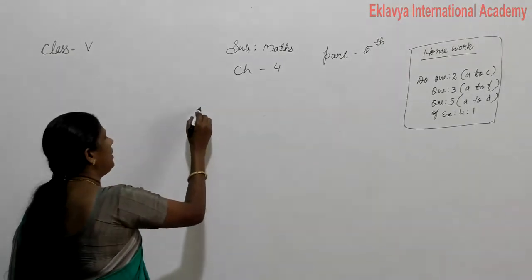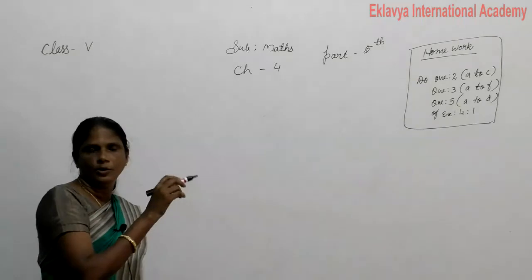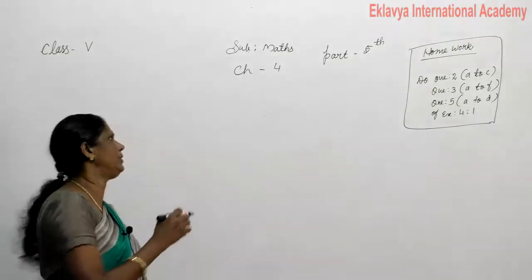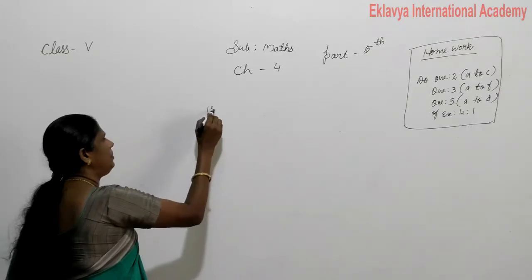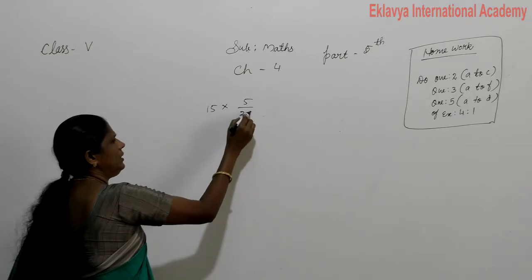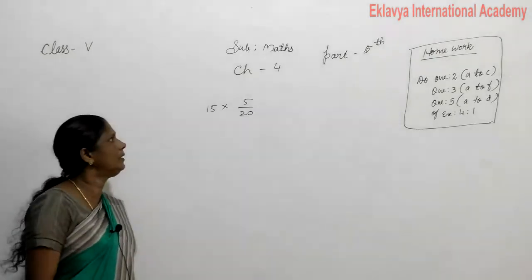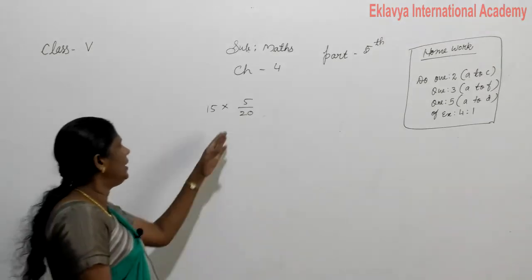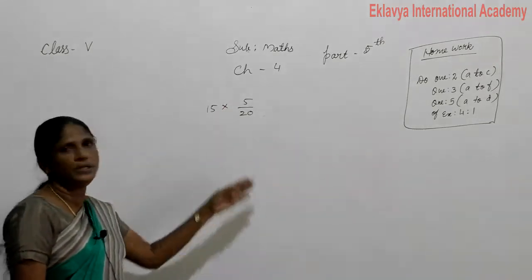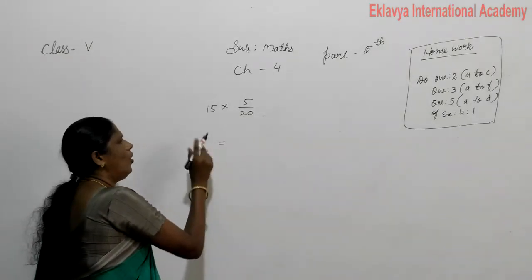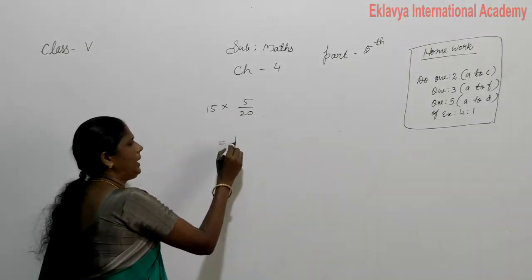First, we multiply the whole number by the numerator of the fraction, over the denominator. For example, 15 multiply 5 upon 20. Here, 15 is the whole number, and 5 upon 20 is the fraction.